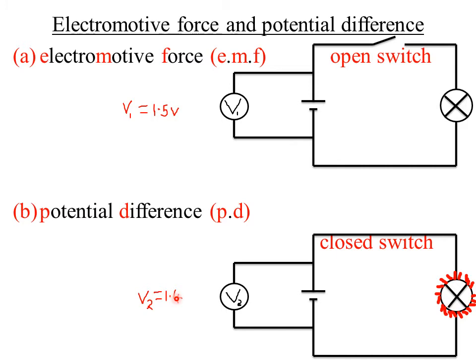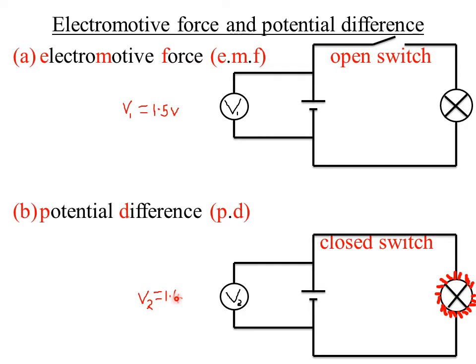The EMF of a cell is the voltage across the terminals of a cell when it is supplying no current in the circuit, or the voltage across the terminals of a cell in an open circuit. Whereas potential difference of a cell is the voltage across the terminals of a cell when it is supplying current in the circuit, or when it is in a closed circuit.